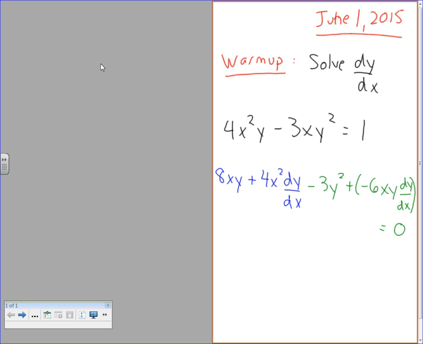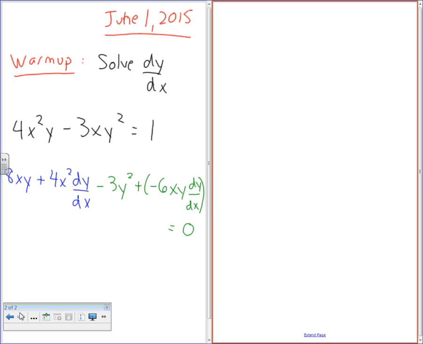Now it says to solve for dy by dx. Can someone remember from last week how you would solve for dy by dx here? You're a student today, so you can raise your hand if you want for a change. How do we solve for dy by dx? Nate, you're on fire. Go. Good. So what I'm going to do is isolate dy by dx.